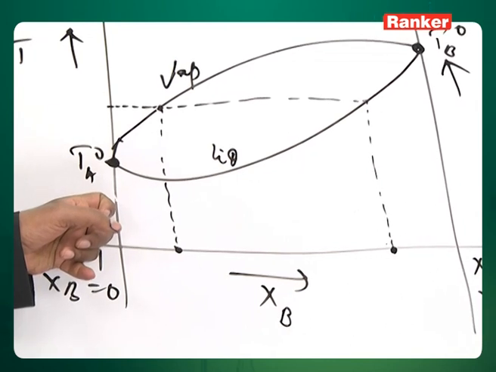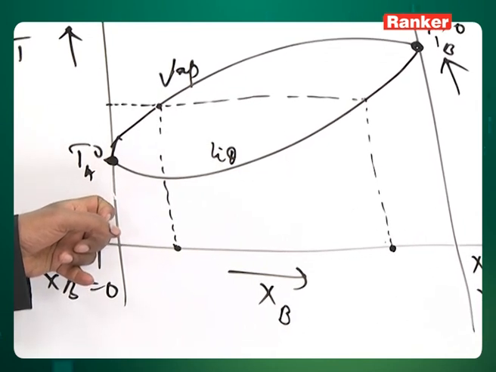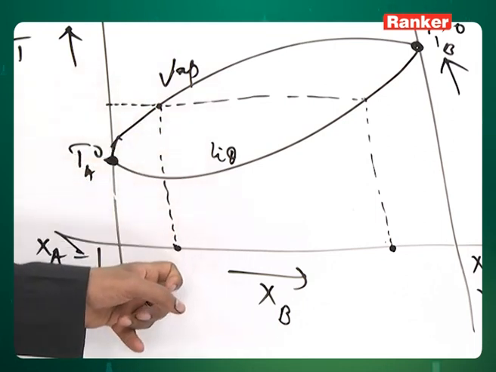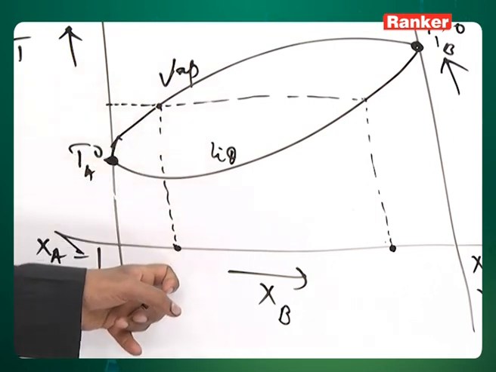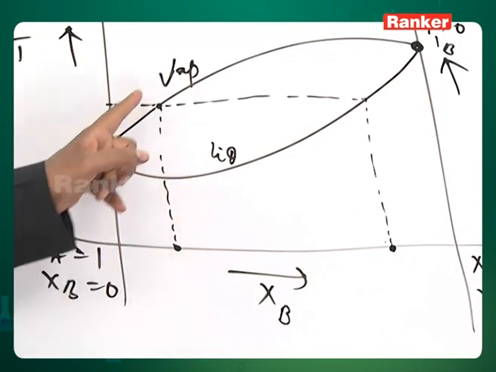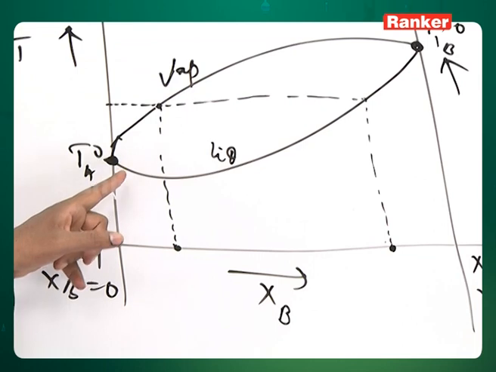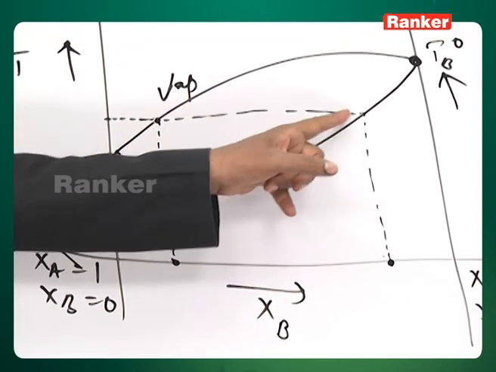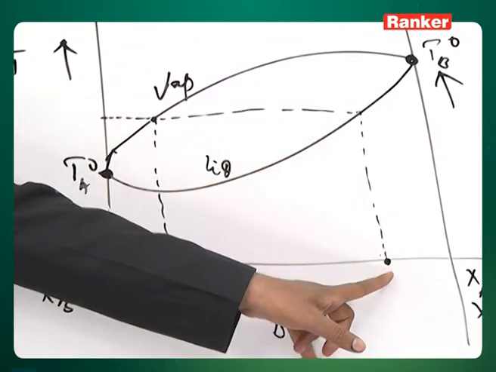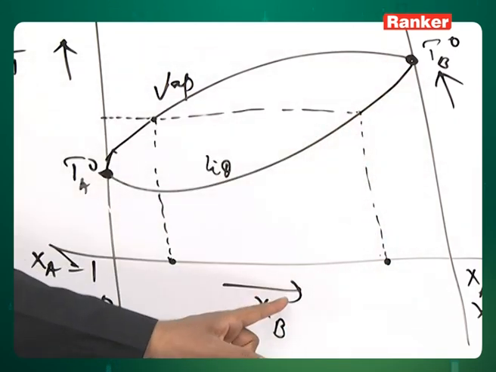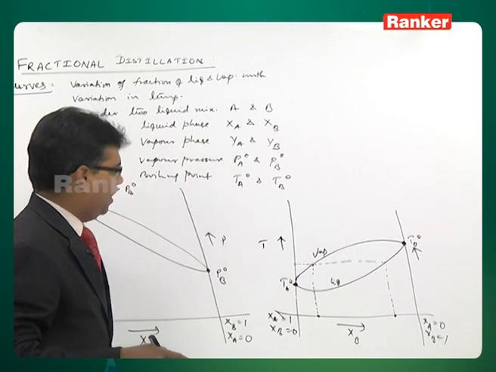The boiling point of A being less, its composition in the vapor will be more. So, on whichever curve the composition of A is more at a particular temperature, that will be the vapor. So, this curve will give you vapor, and at the same temperature, in the liquid phase composition, B will be more, because the boiling point of B is higher. So, this is how you have to read the graph.